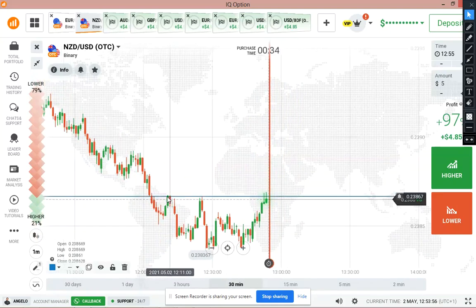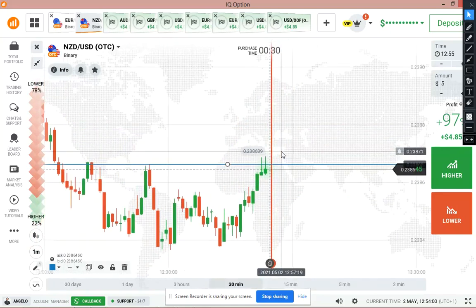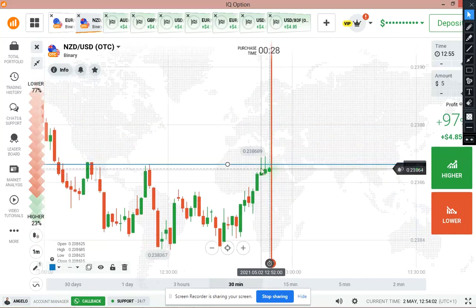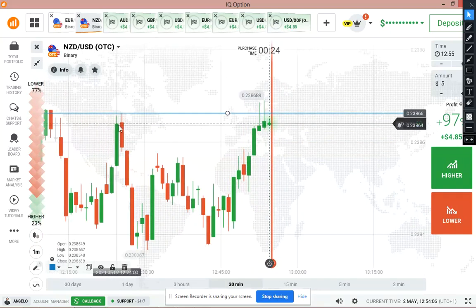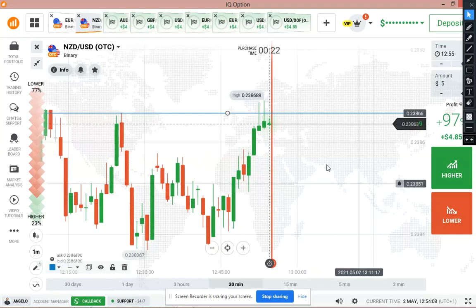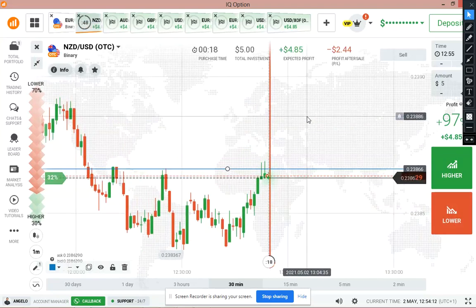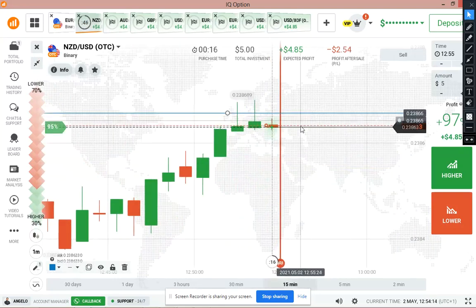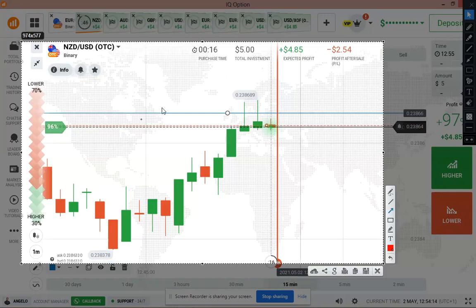Here we can see some sellers at this area. Then we can see this bullish movement. So I'm going to place a lower option. I place the lower option because I can see many rejections from sellers, the sellers area.